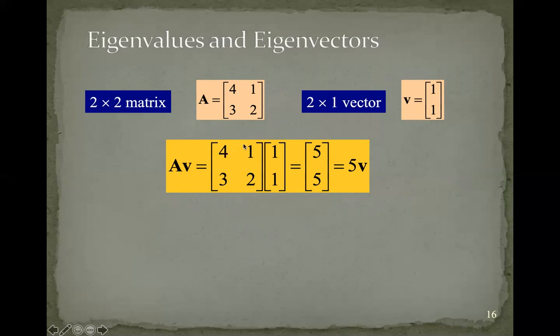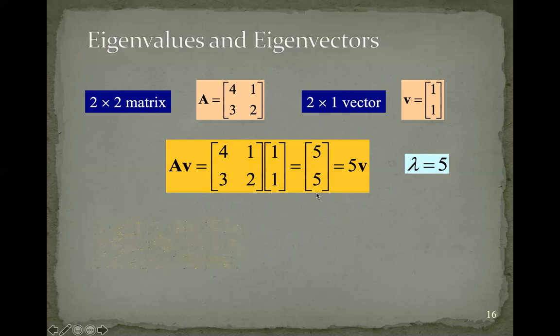So 4 times 1 plus 1 times 1 is 5, and 3 times 1 plus 2 times 1 is 5. The resulting vector is 5, 5, and we can take out the common factor 5, so that becomes 5 times the vector itself. In that case, 5 is the lambda and V is the eigenvector.